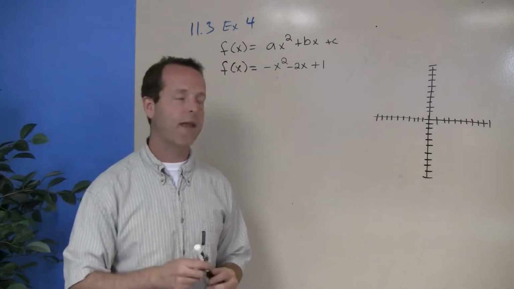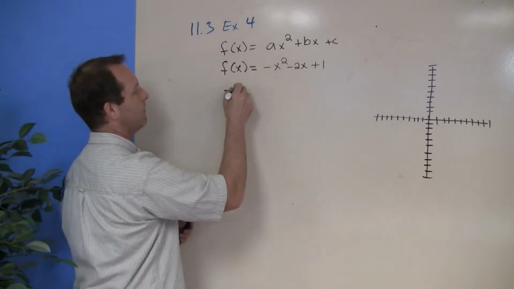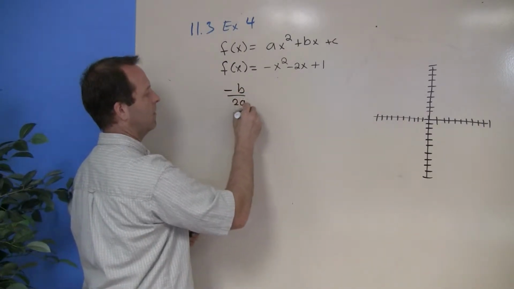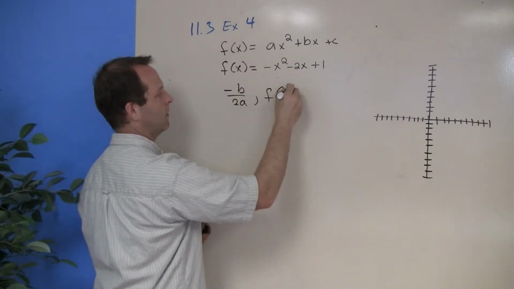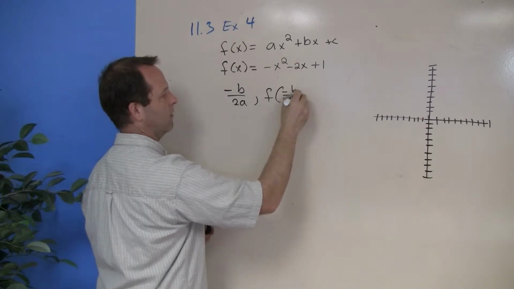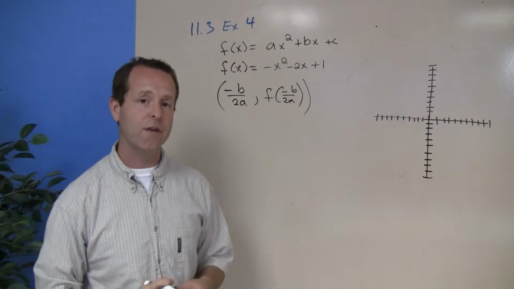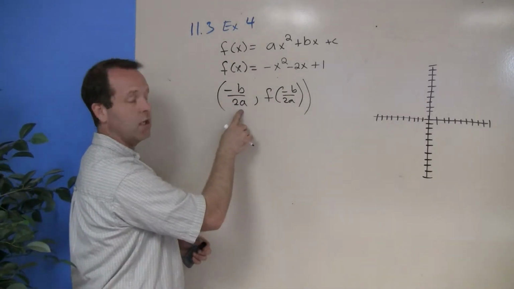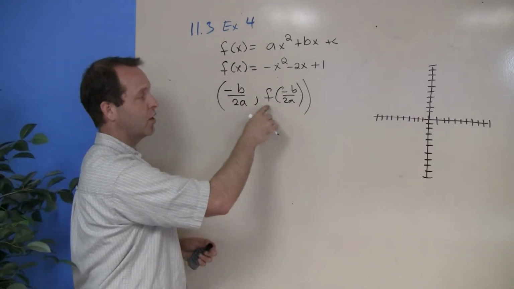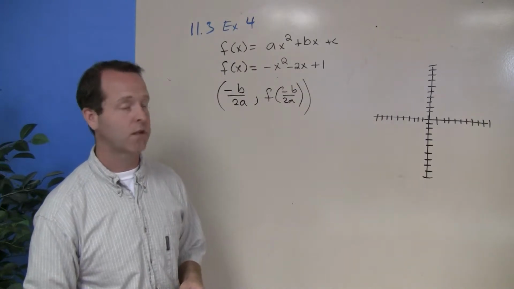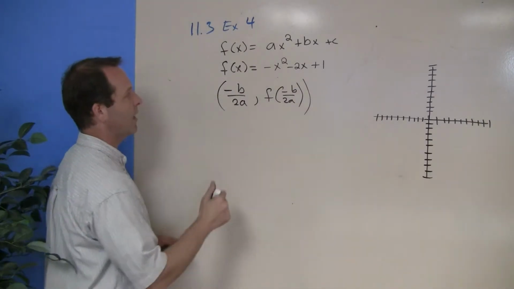But we do remember that we did have that idea, where the vertex is at the point negative b over 2a, and then the function evaluated at negative b over 2a. So let's find out if we can understand what this is.